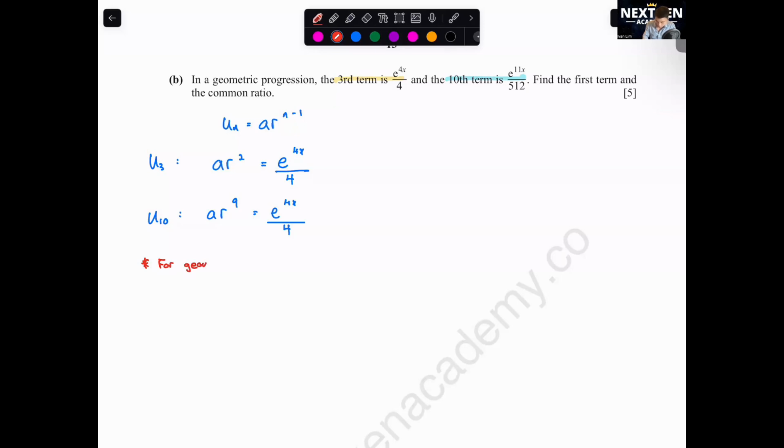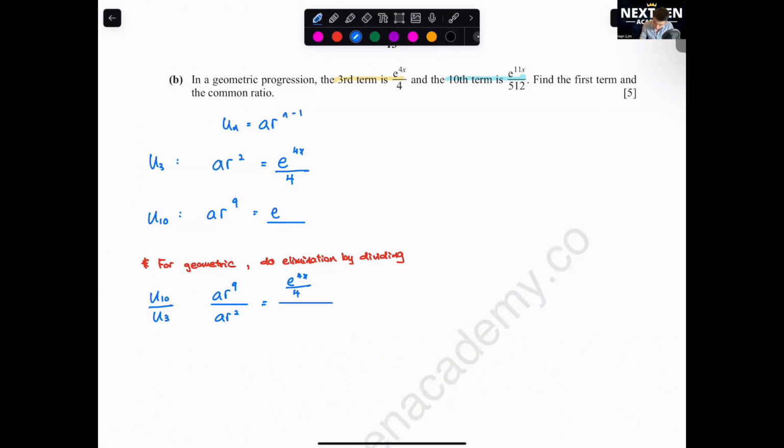For geometric, do elimination by dividing. Because normally when we do simultaneous equation, we will do plus or minus, right? So you take this one, term 10 divided by your term 3, which is ar to the power 9 over ar squared equals, hey, wait, teacher wrote wrong already.